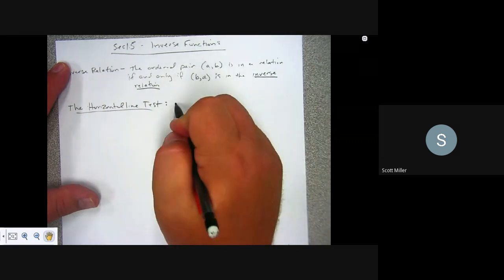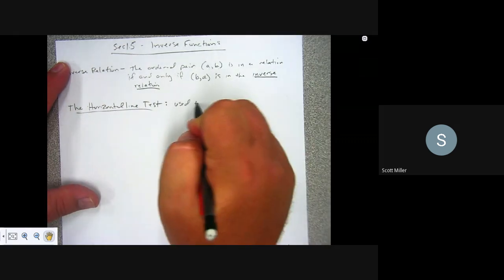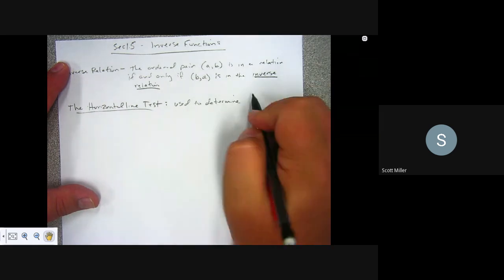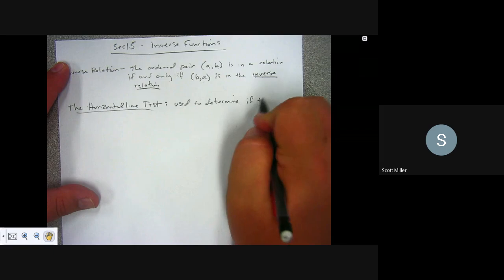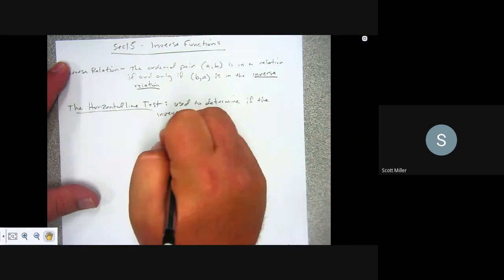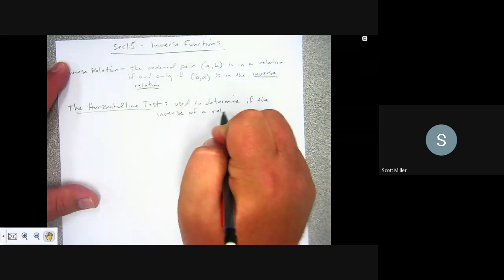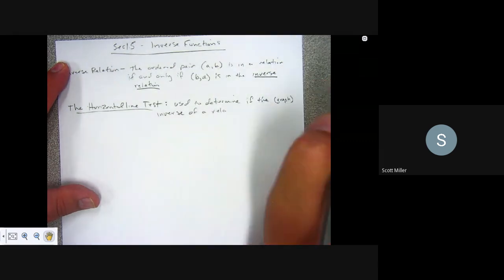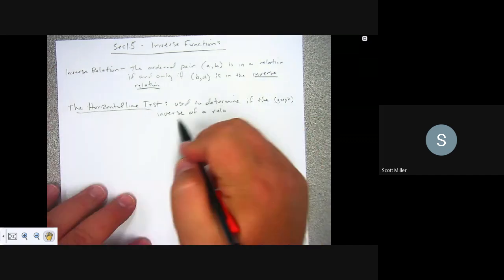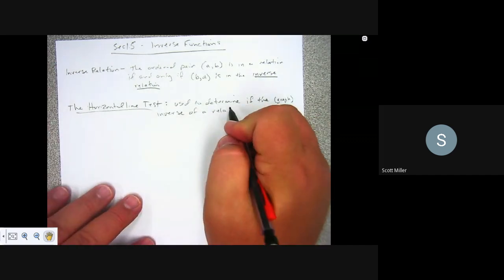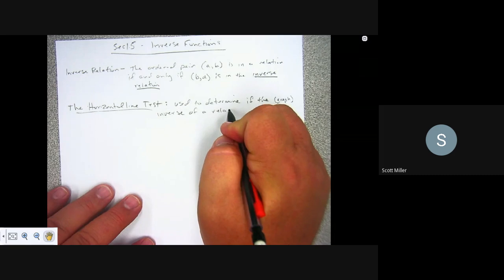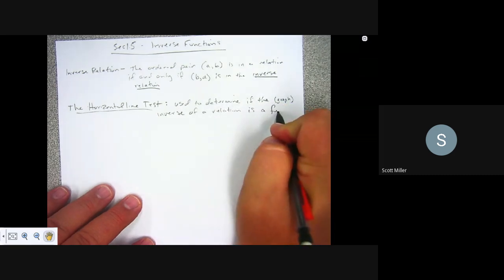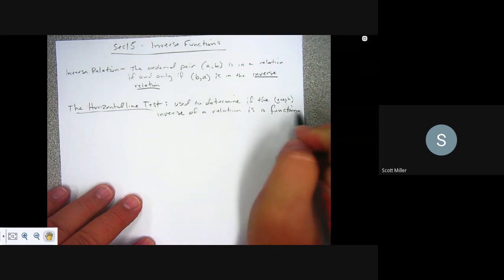The horizontal line test is used to determine if the graph of the inverse of a relation is a function. That's what we're doing with the horizontal line test.